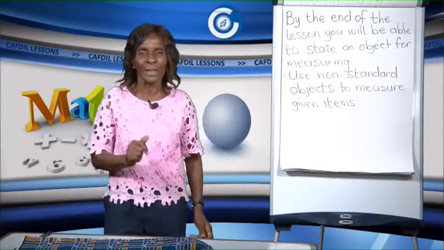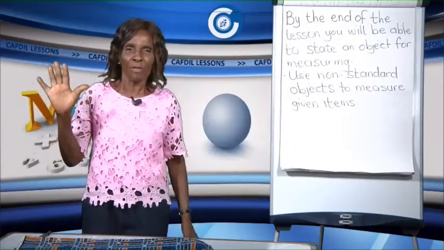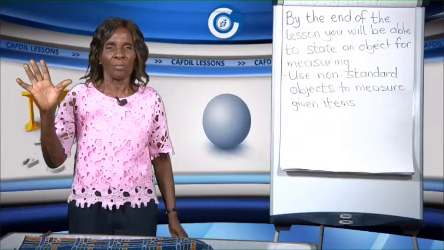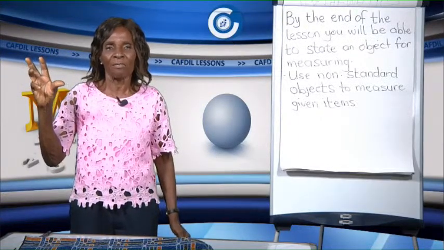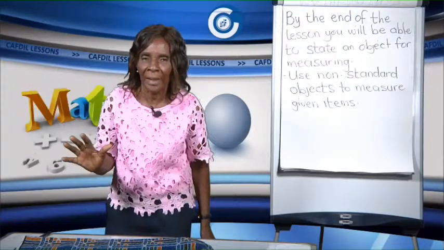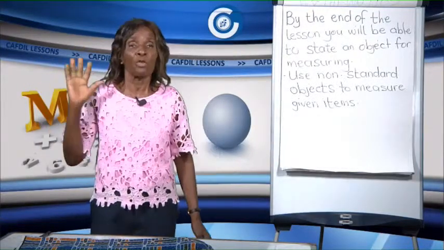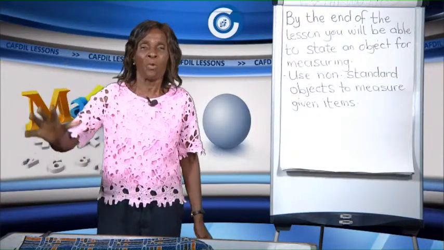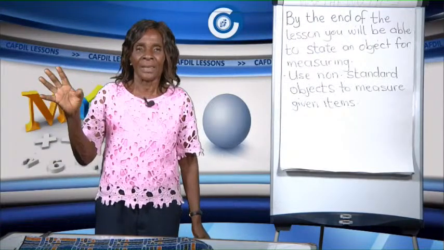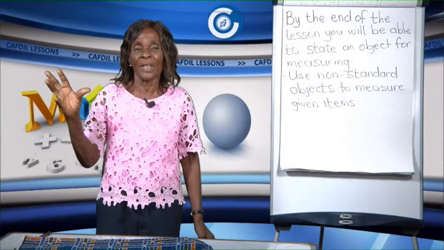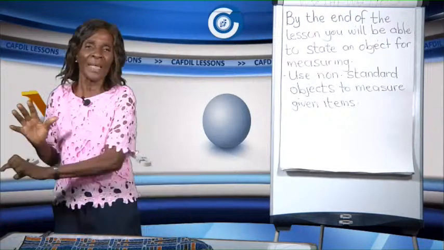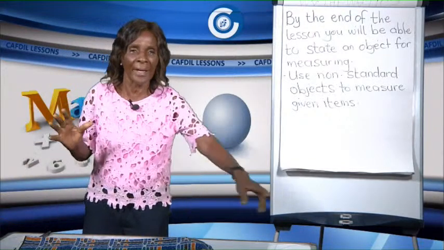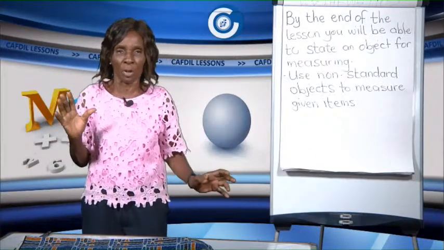So let's look at this. Have you seen? This is Mr. Thumbman and this little finger. Again, we are going to use our hand span, that is the thumb and the little finger here, to measure the length, the long side of our table.